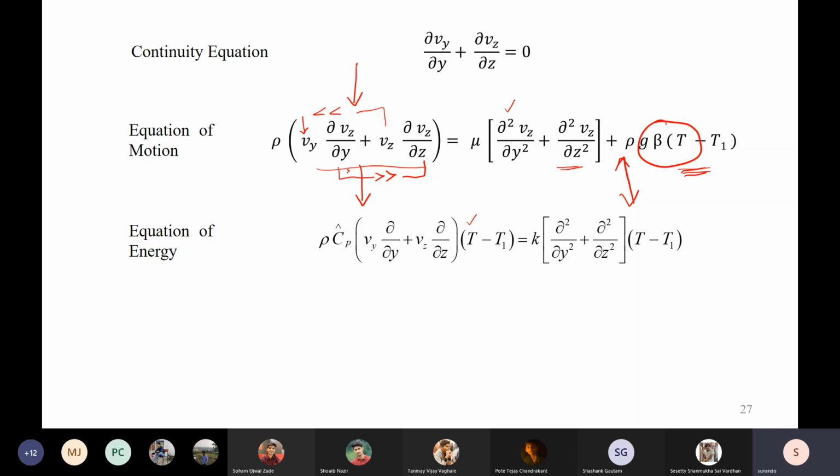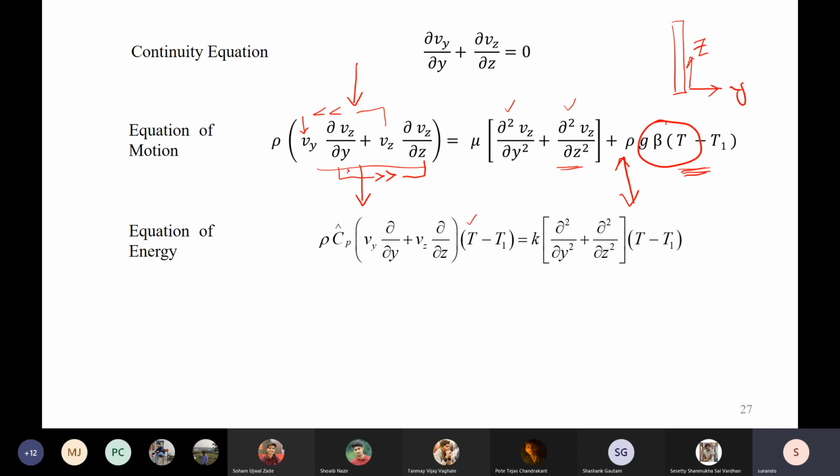Here we have conduction in the y direction, and this is conduction in the z direction. Okay, so it's just a flat plate. This is the y direction. This is the z direction. And of course, temperature is going to be a very strong function in the y direction because of the formation of the thermal boundary layer.